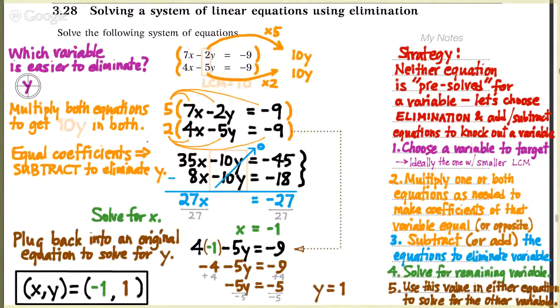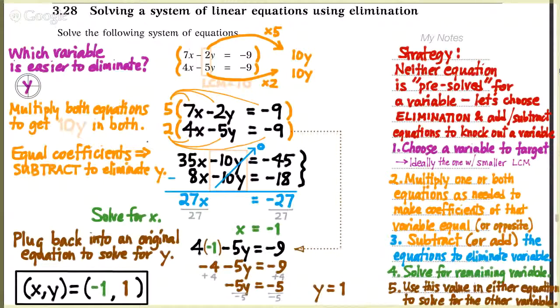So we decided to use elimination, and we focused on the variable y to eliminate because its coefficients, 2 and 5, had a smaller least common multiple, which is just going to make our life a little bit easier. And so that least common multiple, 10, is the coefficient that we wanted to make happen for both equations on the y's. We did that by multiplying the first equation by 5 to get a 10y, and multiplying the second equation by 2 to get a 10y.